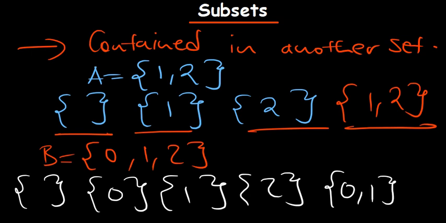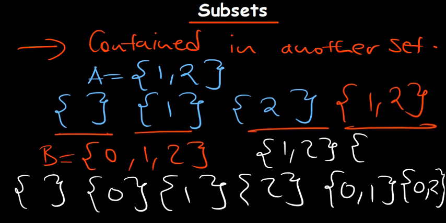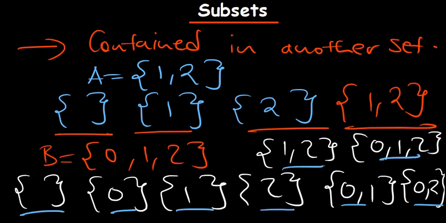You can have 0 and 2. Do you have 1 and 2? You can have 1 and 2. And you can have the set itself, 0, 1, and 2. If we come up with all the possible combinations, 1, 2, 3, 4, 5, 6, 7, and 8.